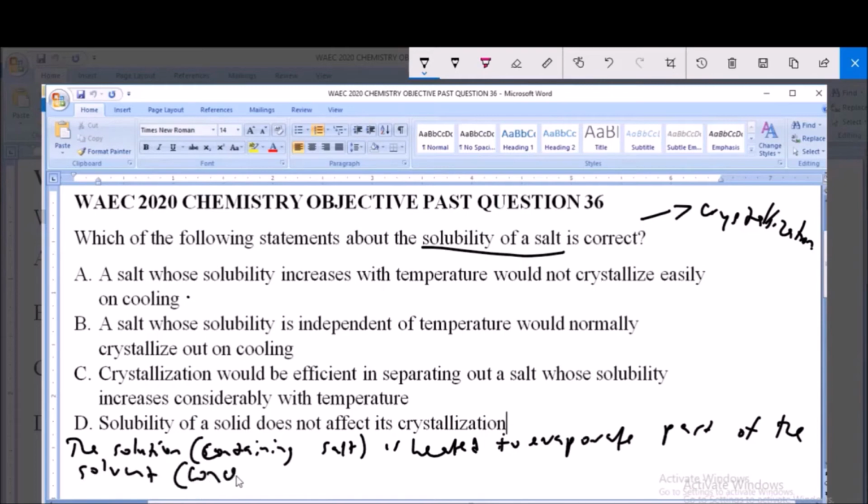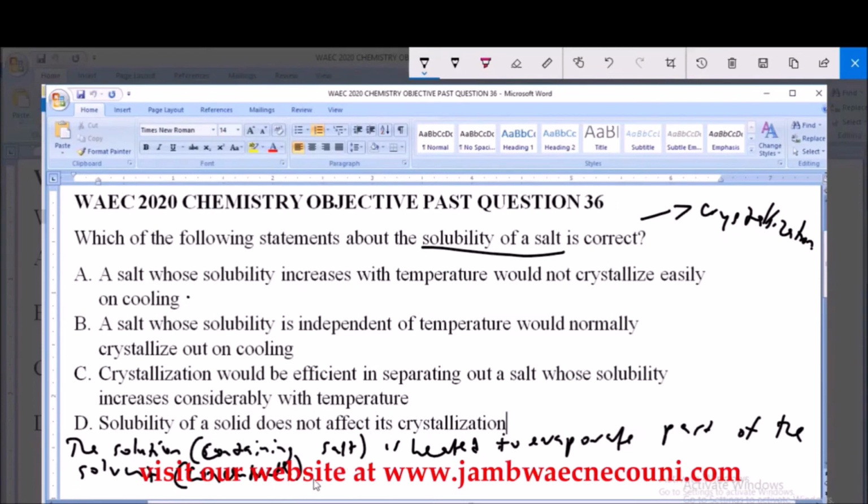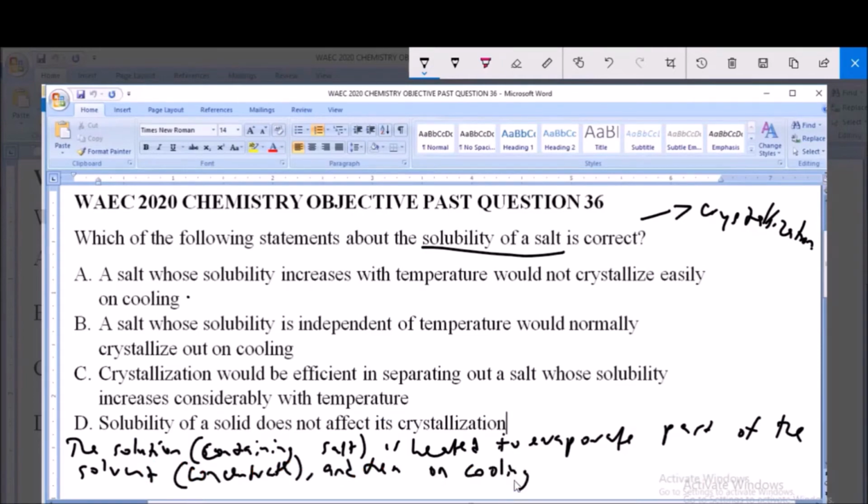So the solution becomes concentrated. And then on cooling the concentrated solution, crystals of the salt are formed. So it is used to separate salts using this technique. Now, crystallization is known for separating salts that readily decompose on heating.